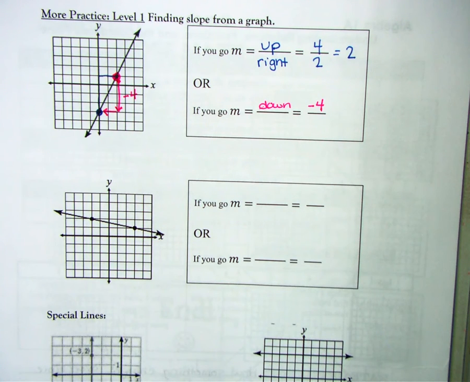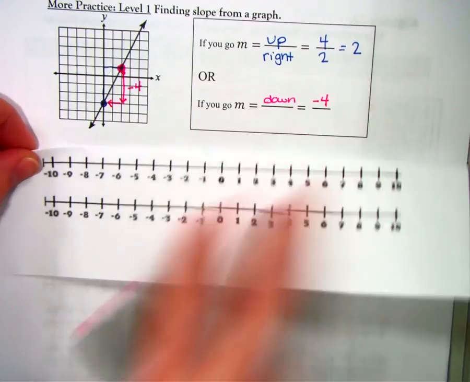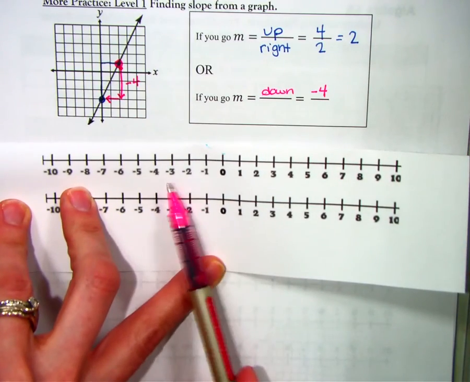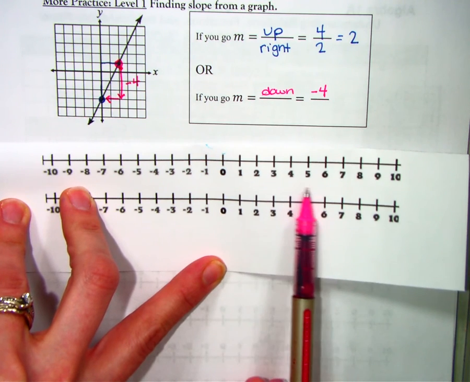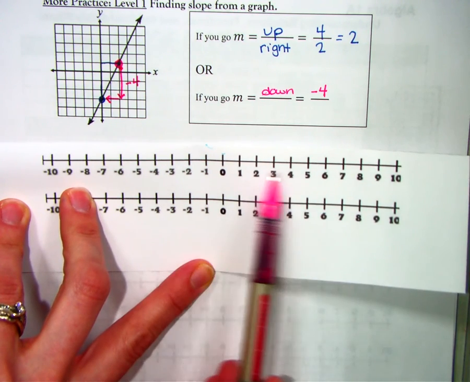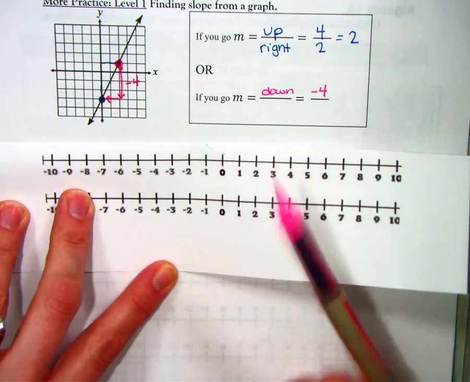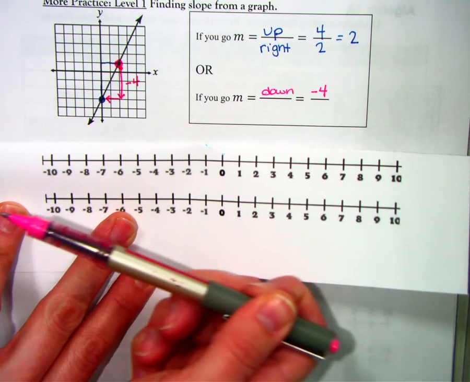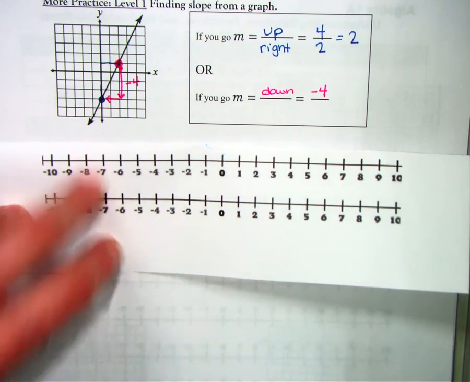Okay, so then this part right here. So right here, when you go left, okay, let me show you a number line. When you go this way on a number line, the numbers get bigger, right? So if you're going this way, it's positive. If you go this way, it's a negative. So this one right here, we're going to write this down.